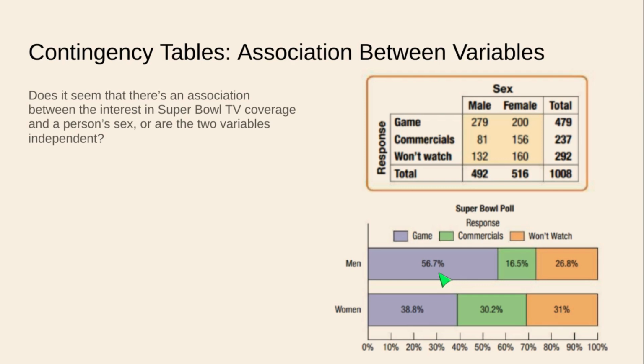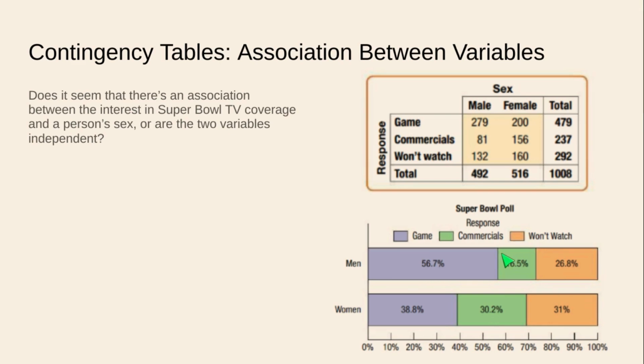Given all the men, more than half are interested in watching the game, as opposed to a significantly smaller proportion of women. So does it depend on who you ask? Are you more likely or less likely to get a certain result: watch the game, just watch the commercials, don't watch at all? Are you more or less likely to get certain results depending on whether you ask a man or a woman? Yes. These bars are very, very different.